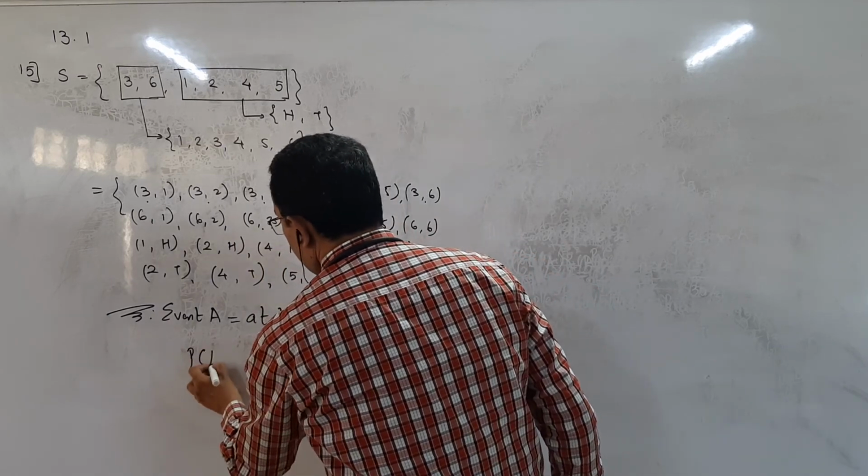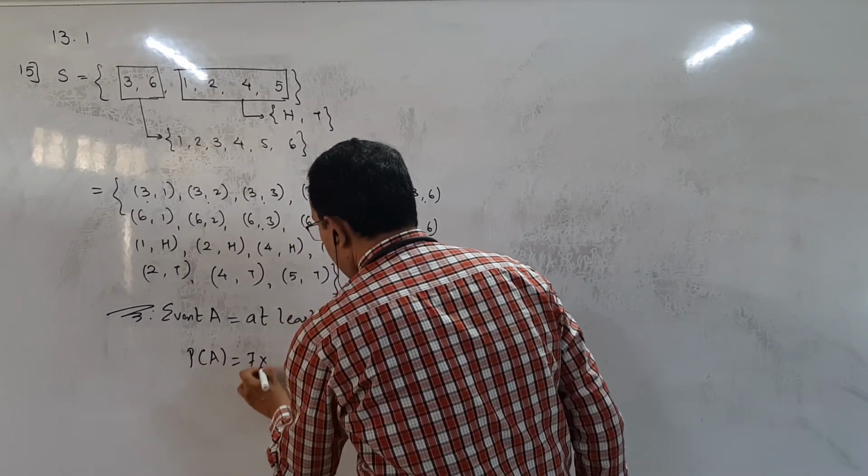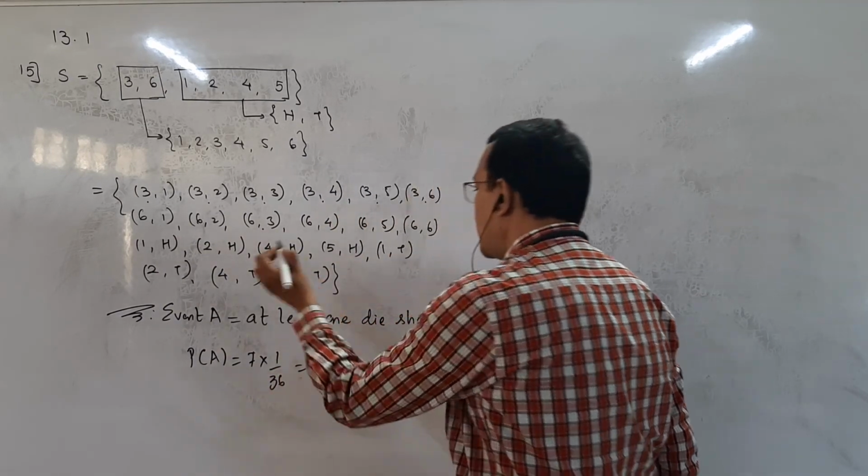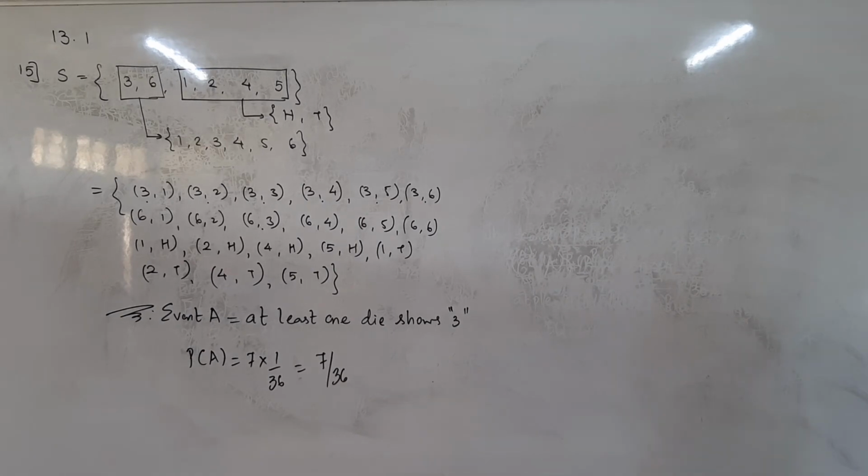So probability of event A is 7 times 1 by 36, and so 7 by 36. Each individual pair of numbers has probability 1 by 36, and the pair with H or T has probability 1 by 12.